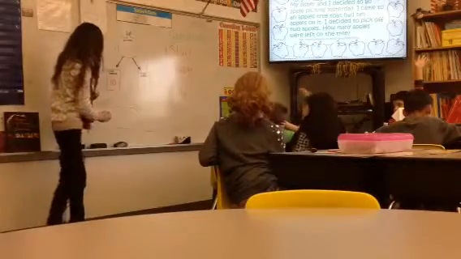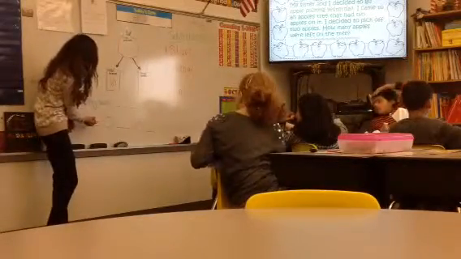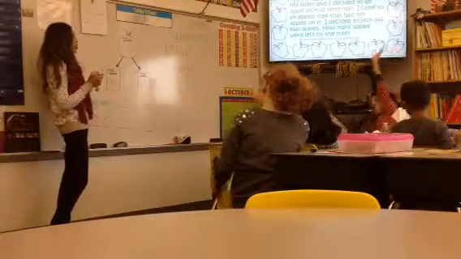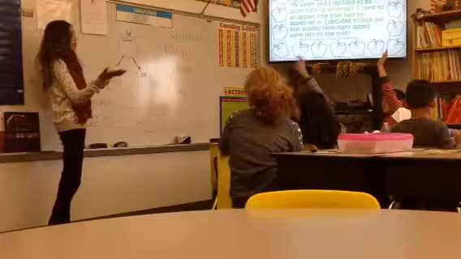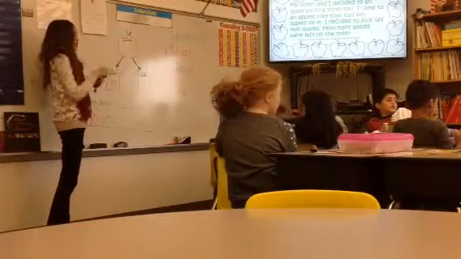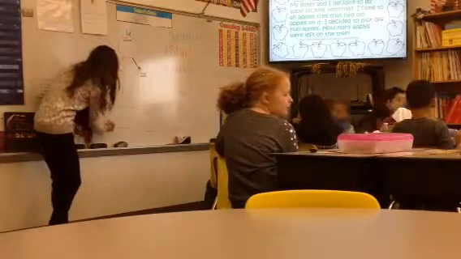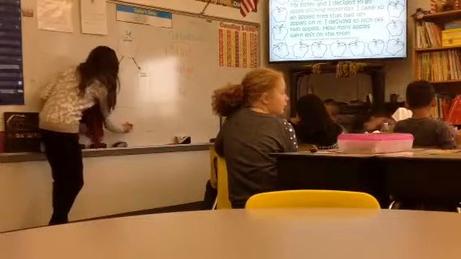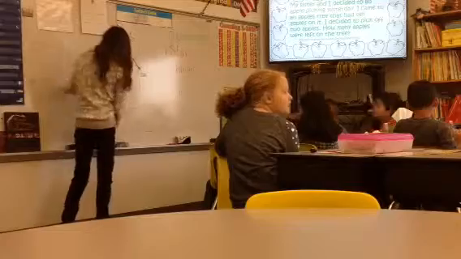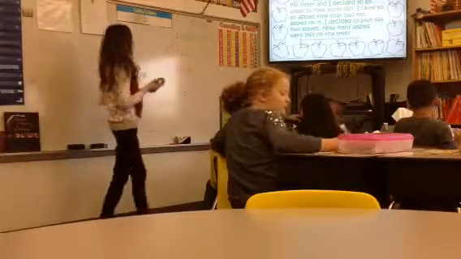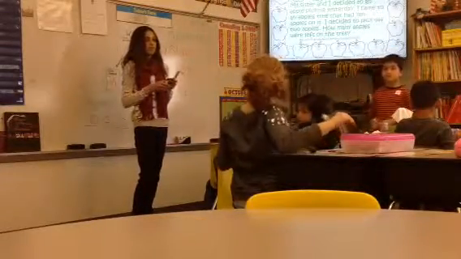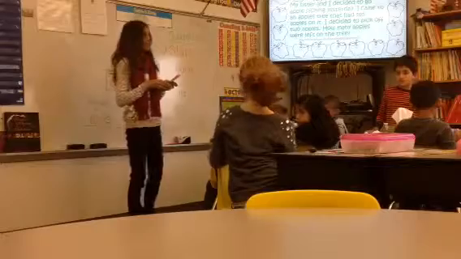Now, I'm going to write the problem down here. So we have 10. And are we taking away or are we adding more? Taking away. Good. So I'm going to write a subtraction. So 10 minus 2. Now, if we have 10 and I take away 2, how many apples does this tree have left? 8.